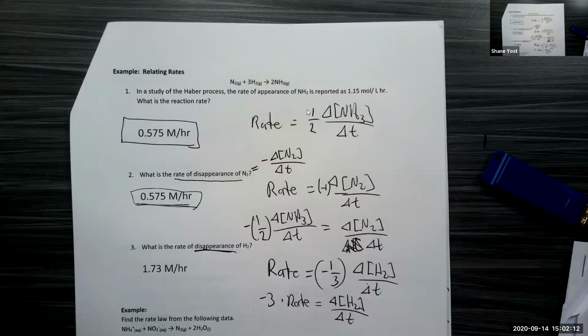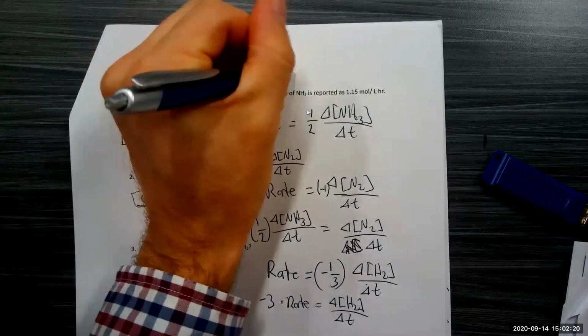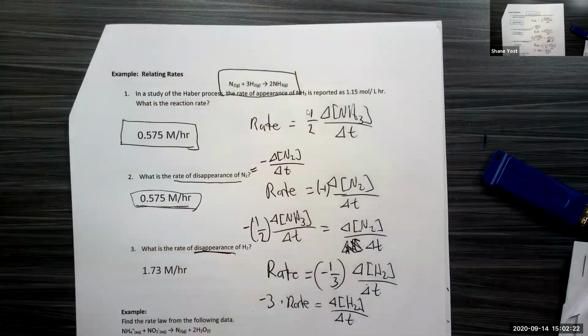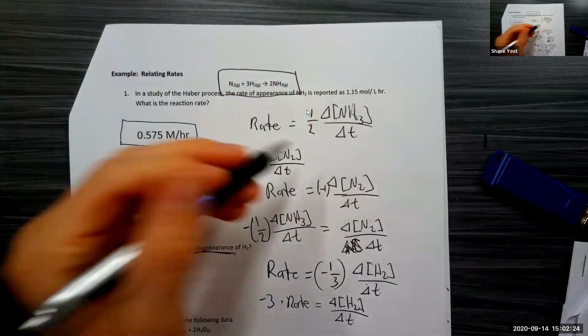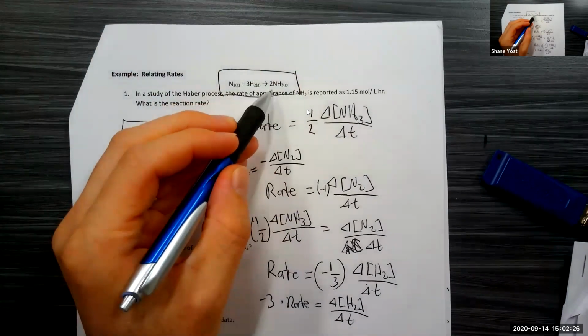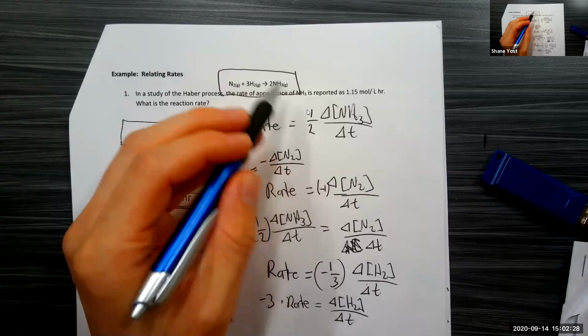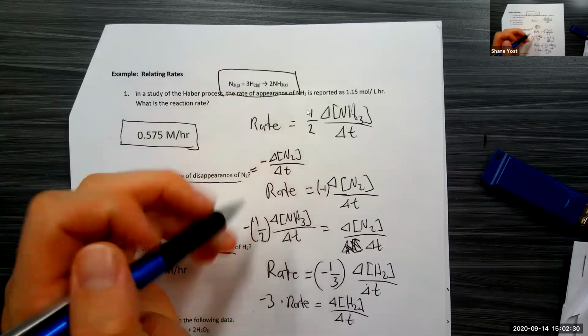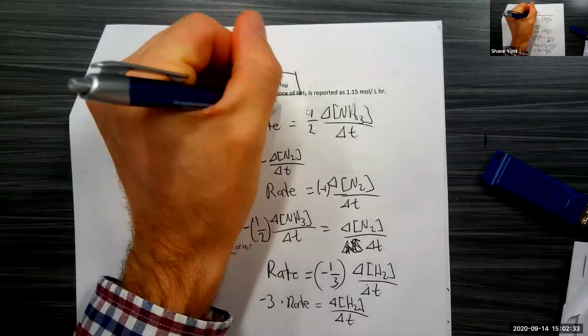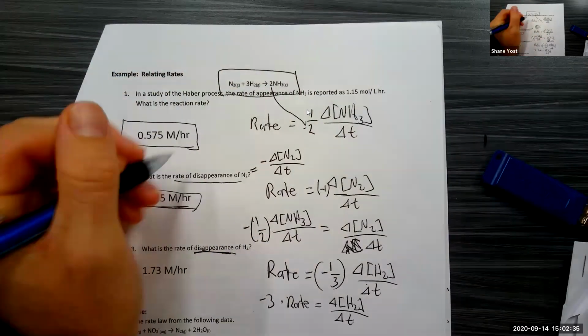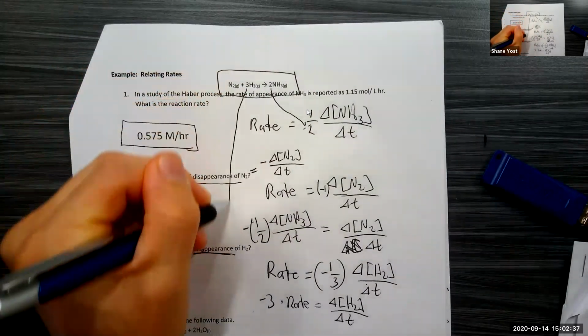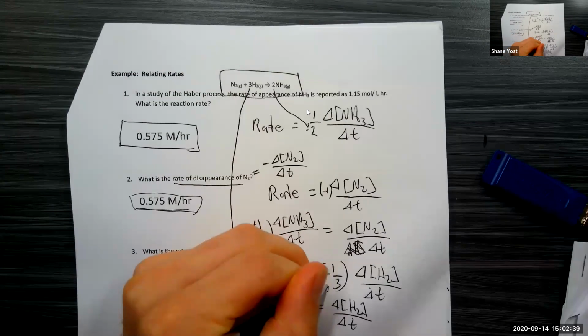Again, I have a question. Where are you getting the 1/2 and stuff? Where are you pulling that from? The balanced chemical reaction up here. So the 1/2 is the stoichiometric coefficient. It's 1 divided by the stoichiometric coefficient in the balanced chemical reaction. So this 2 goes in the denominator here, and this 3 goes in the denominator down there.